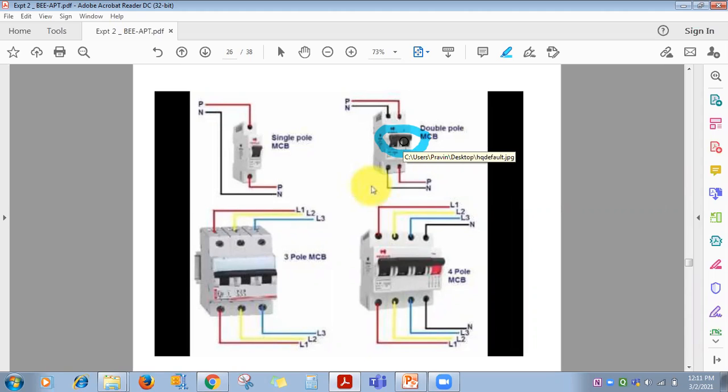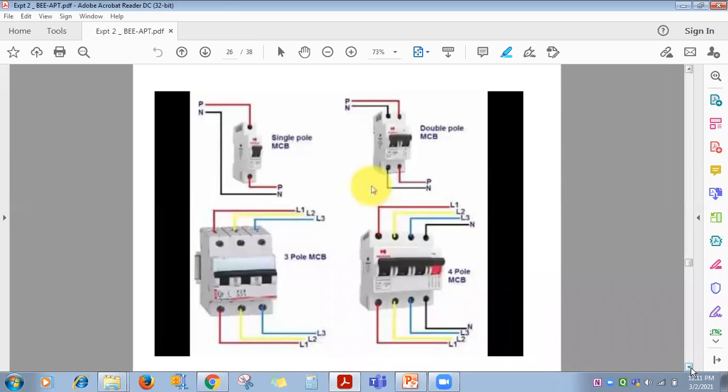You then have to correct the fault. Correcting the fault means: if overload is there, minimize the load; if short circuit is there, see which two current carrying wires are touching each other and insulate them properly. Then you manually switch it on. So there are functions: acting as a switch, and in case of overload and short circuit, it gives protection.